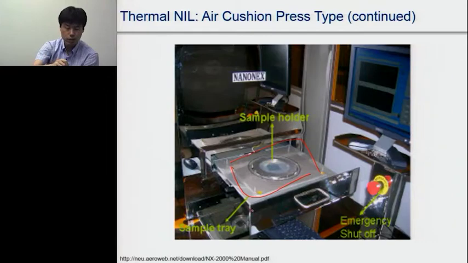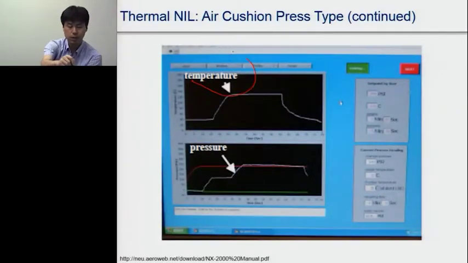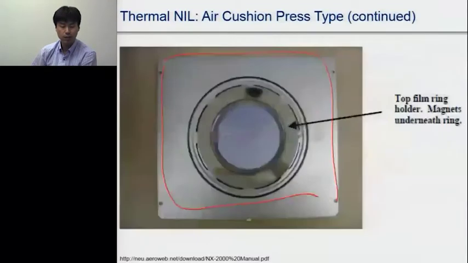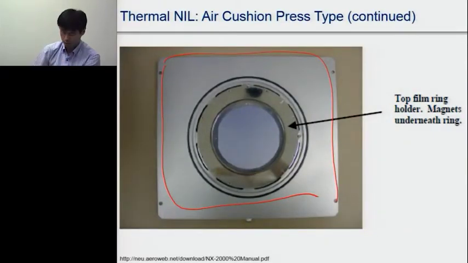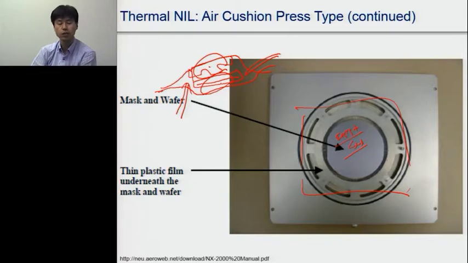Then we close the drawer, and it is ready to apply the temperature increase and then pressure. One important thing is that when we have this wrap, we first evacuate the plastic bag. Using vacuum, we seal the master mold and the resist coated substrate more tightly.